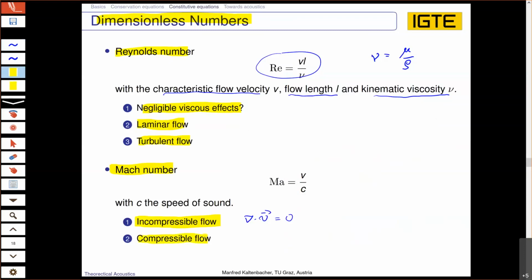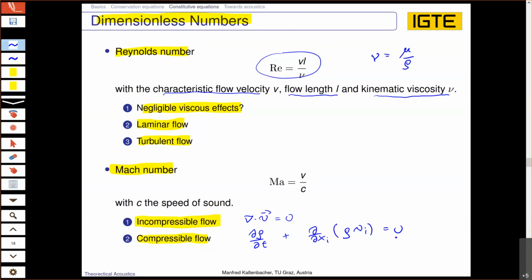We have a compressible fluid. And for this, we know the mass conservation, and I write the mass conservation now simply in index notation: we have a change over time in the density, plus the divergence, which is the derivative with respect to x_i of the product density times v_i, is equal to 0.